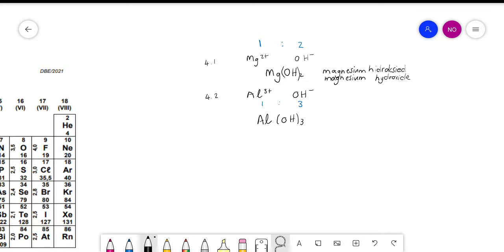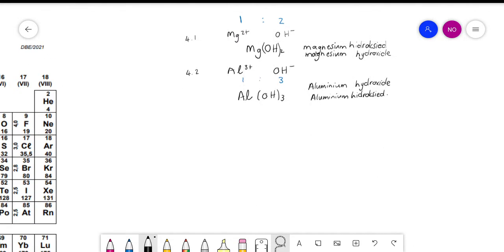And this one is called aluminium hydroksied. So, as jy 'n plekkie daar uitskryf sommer die name neer, dit kan jou net help.